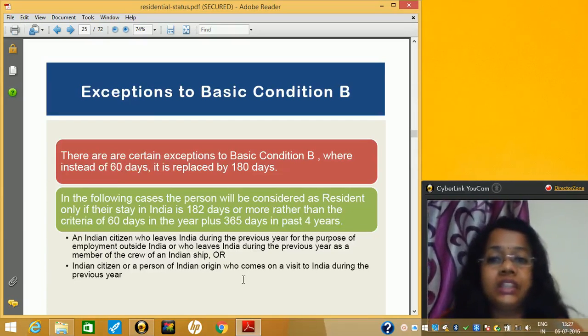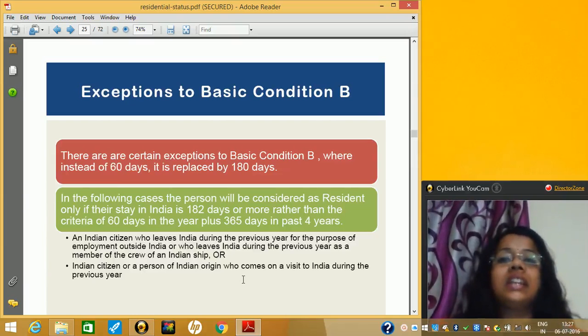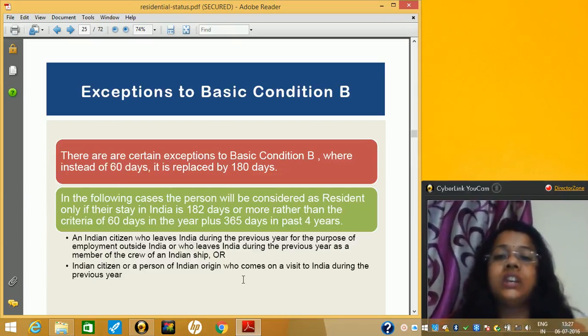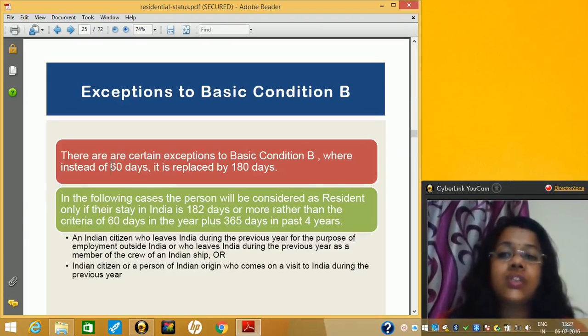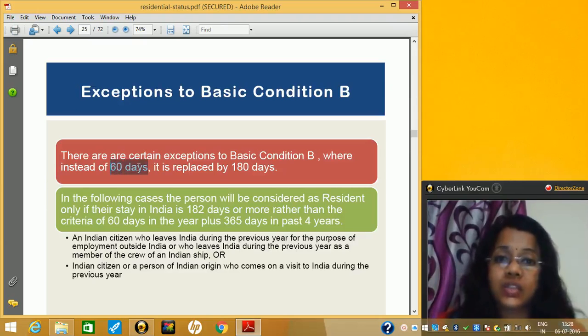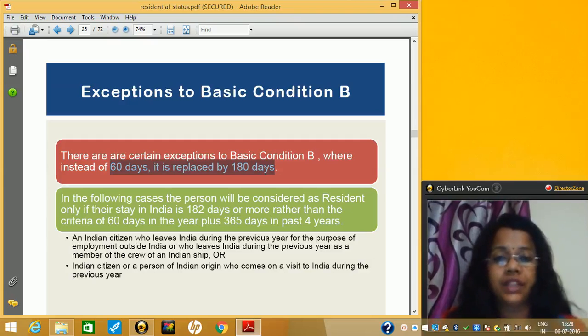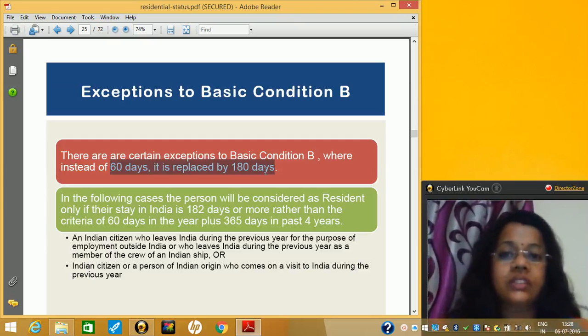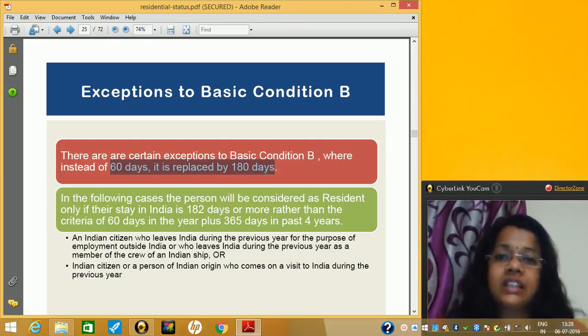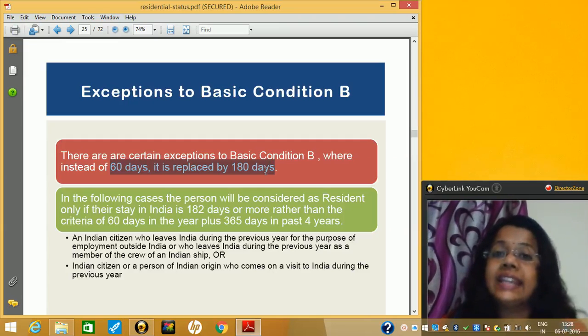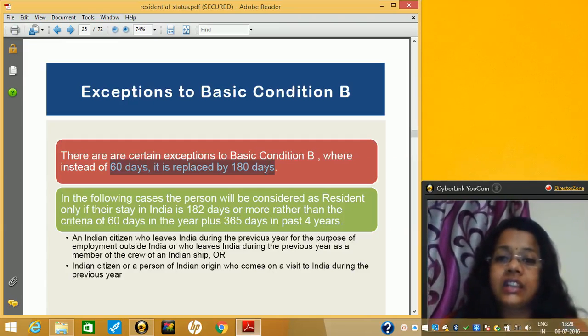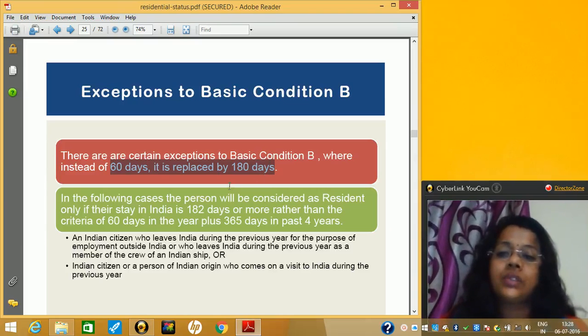In that basic condition, there are certain cases in which the condition of 60 days will be replaced by 180 days. So let's go to the conditions.